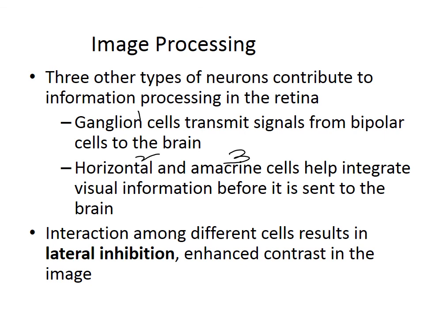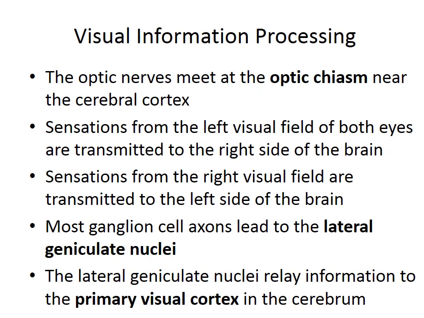Interaction among different cells results in lateral inhibition, which will enhance the contrast in the image. So once this is integrated by the horizontal and amacrine cells, we get to see something that is clear instead of blurry. The optic nerves meet at the optic chiasm near the cerebral cortex.